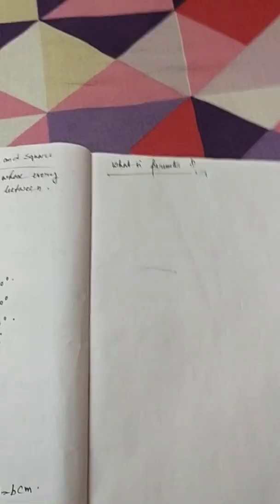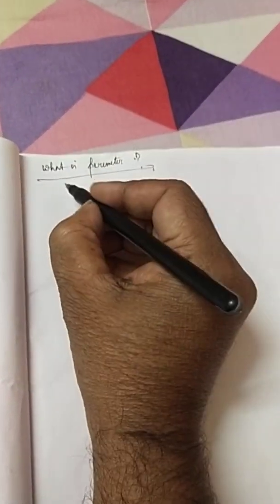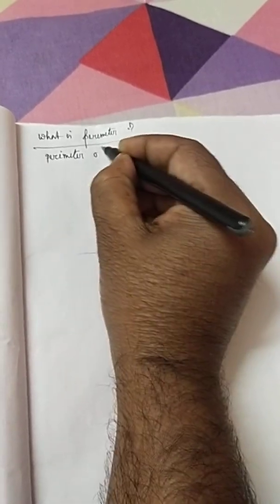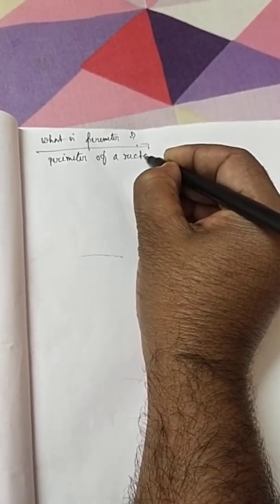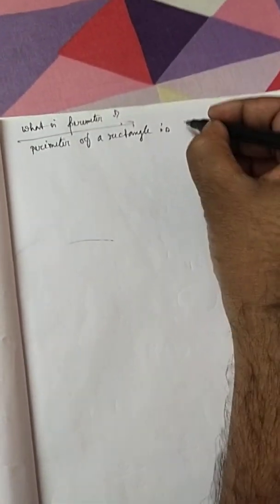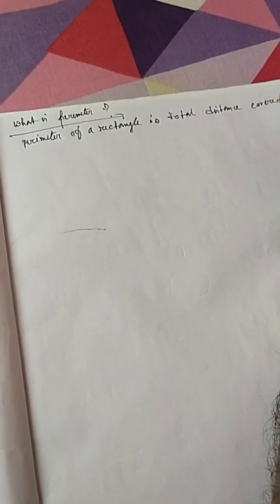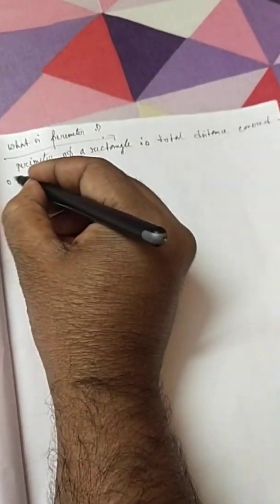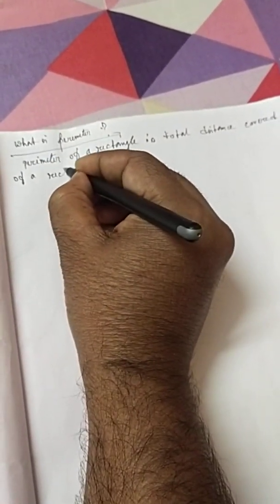It is very important to know what is perimeter. Perimeter of a rectangle is total distance covered of a rectangle.